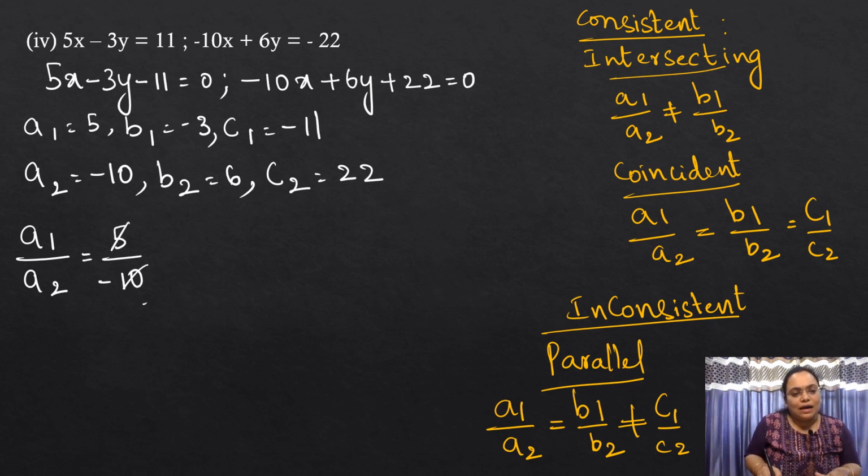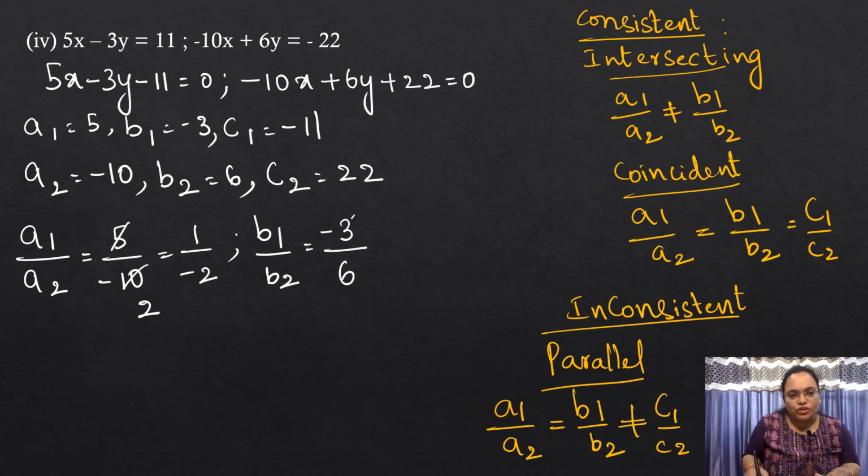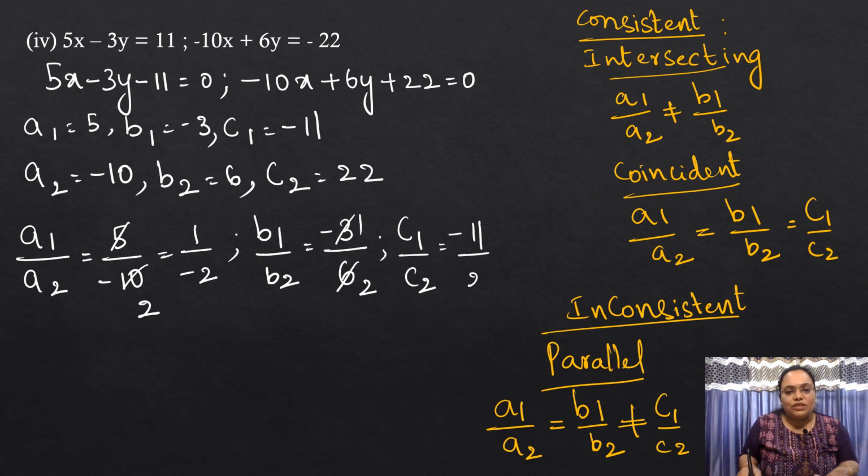which is 1 by minus 2. Next b1 by b2, which is minus 3 by 6, which is 1 by 2. And then you have c1 by c2, which is minus 11 by 22, which is 1 by 2. Okay, so we can see that all the ratios are equal.